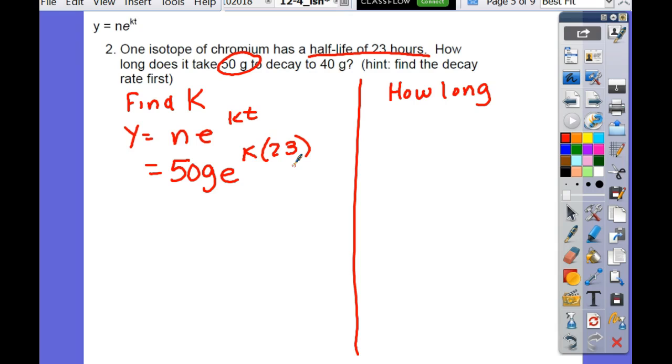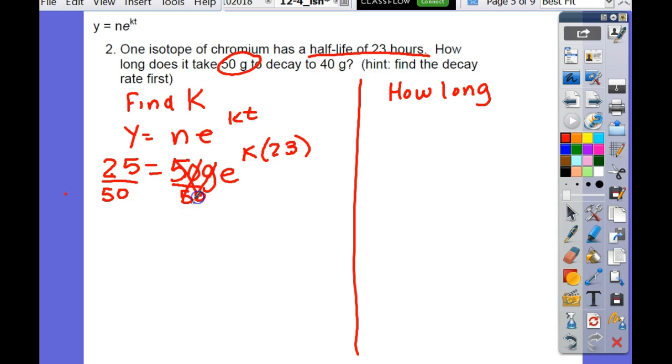If I start with 50 grams, what's half of 50 grams? So this number right here is 25 because in 23 hours, half of this is going to go away and become 25. I'm getting to the 40 in the next part. I'll use the 40 in the next part.